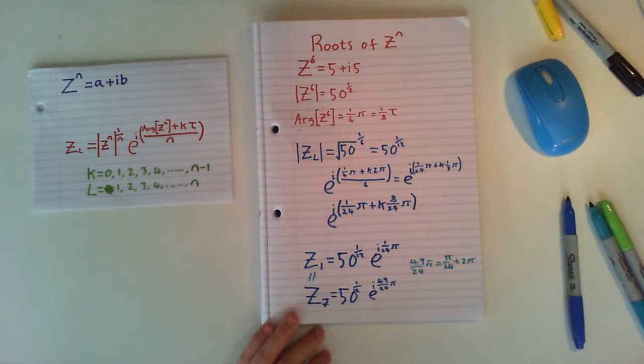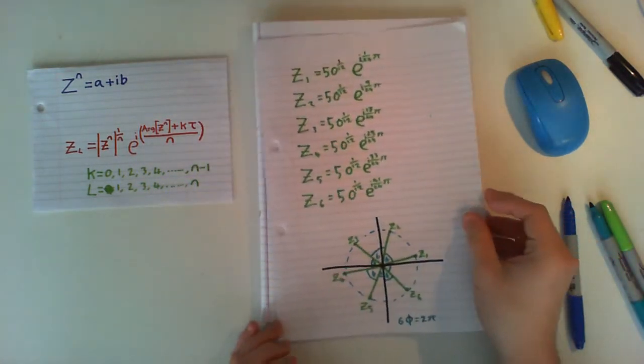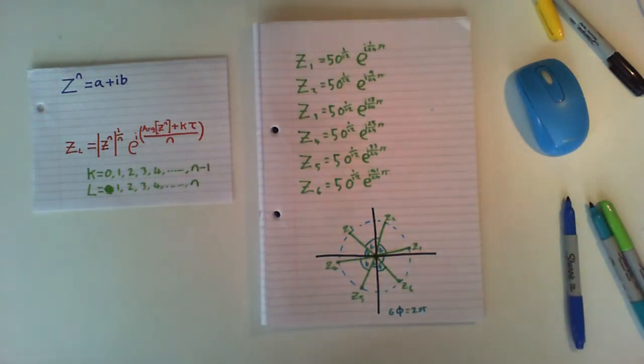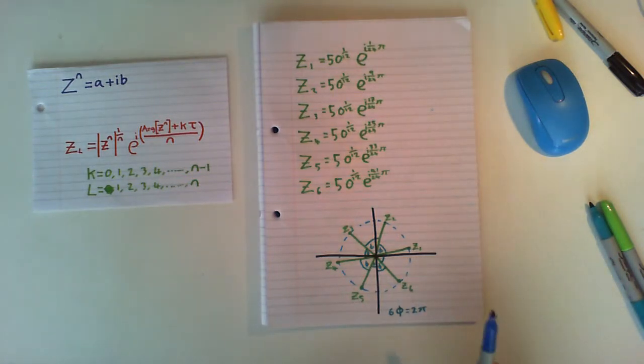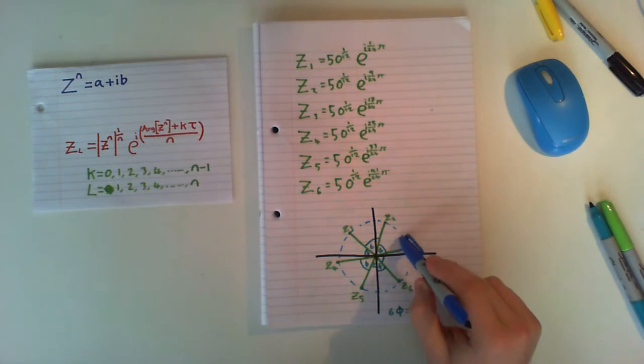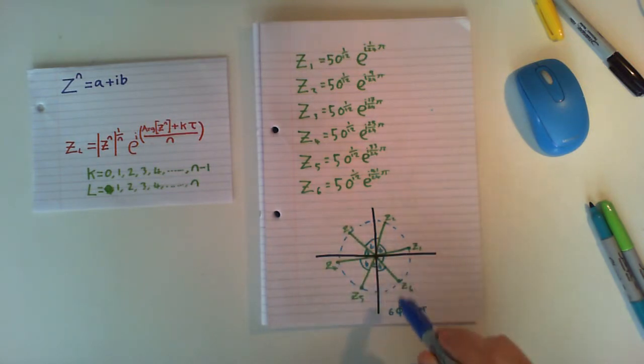So I've written out all of the separate roots just there, each of them incrementing with 8 over 24 pi, so we get to z to the 6. And if you were asked to draw an Argand diagram, you see I've sketched out a circle here to show that all of the magnitudes are equal. We have angles phi and all of these gaps between each one, where 6 phi equals 2 pi.